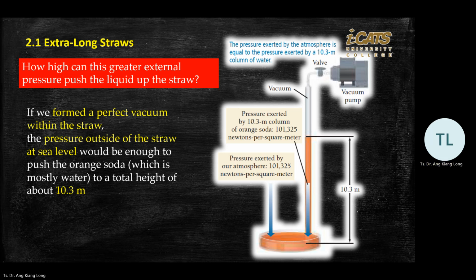Right? The pressure is pressing here, making the water go up 10.3 meters. So this orange color in the straw is a mass, and gravity will pull. There's a force on the right hand side that will equal the left hand side.